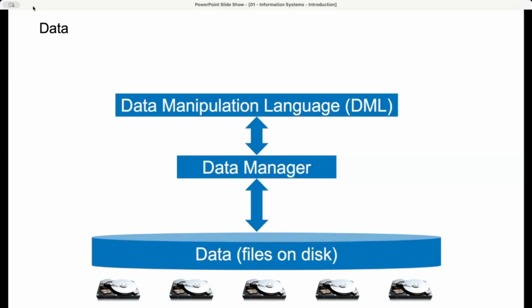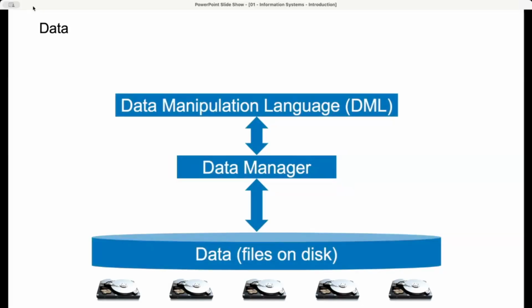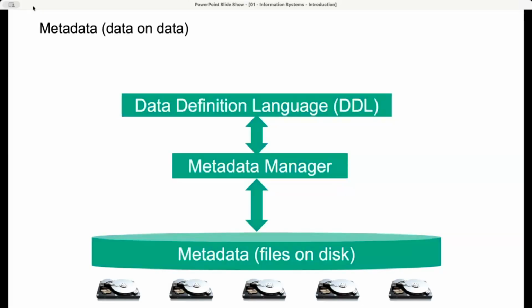Or please insert into the database this person. That's data manipulation. Data definition language would be, I want to create a new table to store people, and I want it to have this column, that column, this column, that column. That's data definition language. Or I want to add a new column to that table for storing something else. That's data definition language. All right, you see the difference? Data manipulation, that's about the data. Data definition, that's about the metadata.